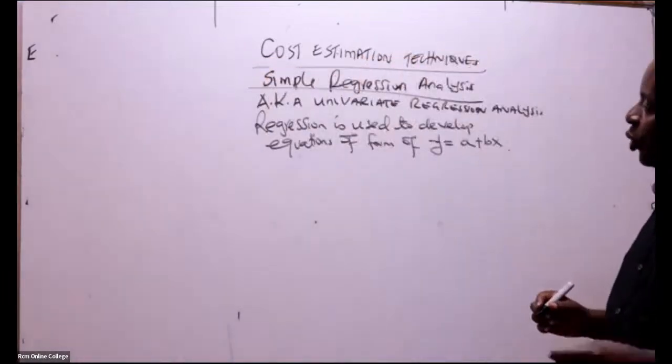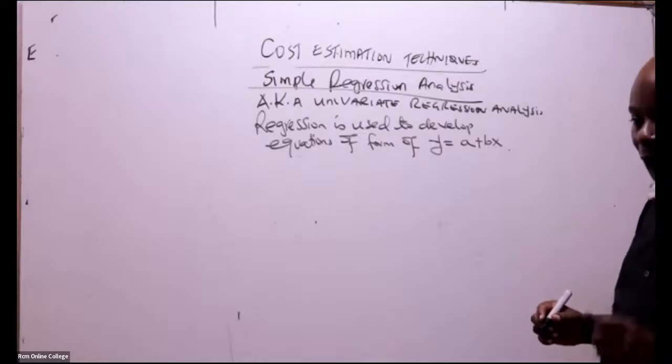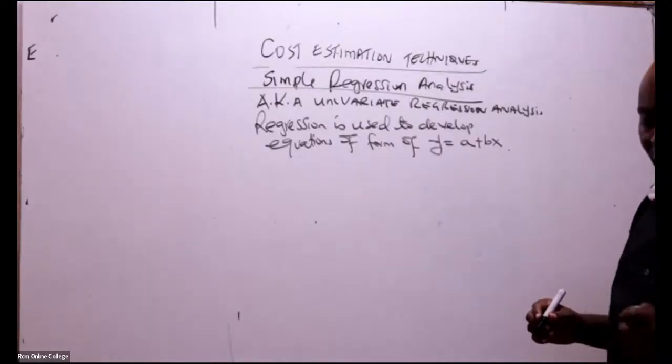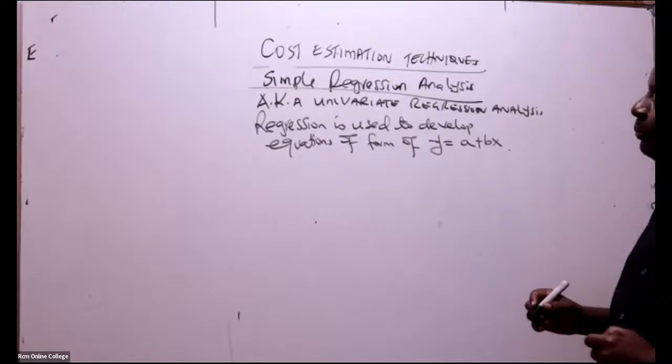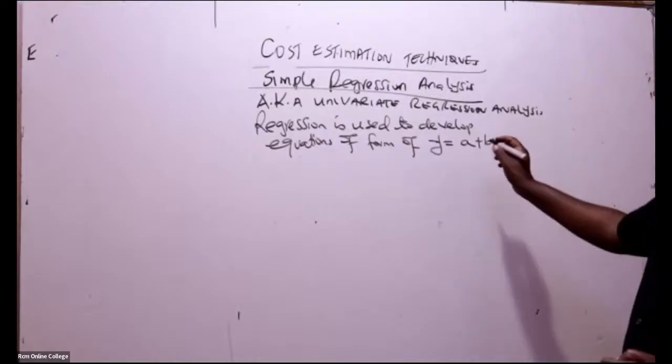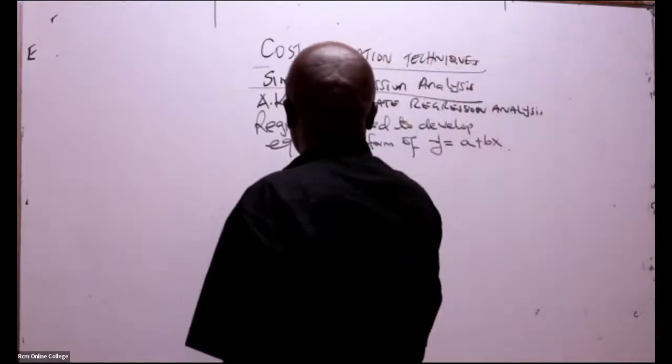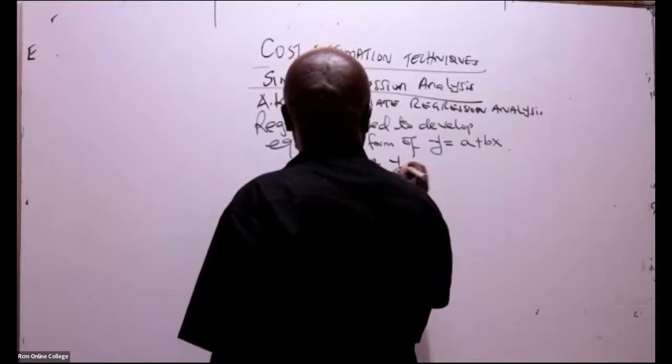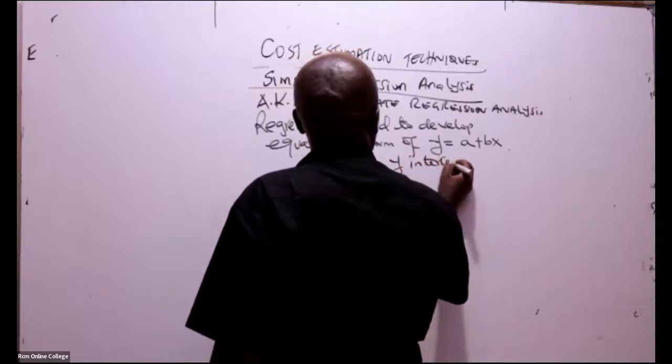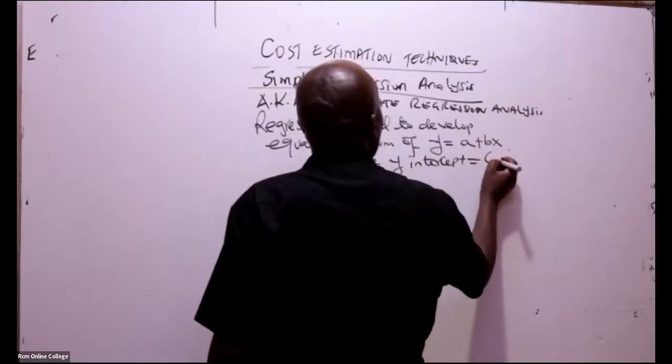So regression is used to develop equations of the form y equals a plus bx. Where, if you remember very well, a is the intercept. So this is the y-intercept. The y-intercept will be our constant.